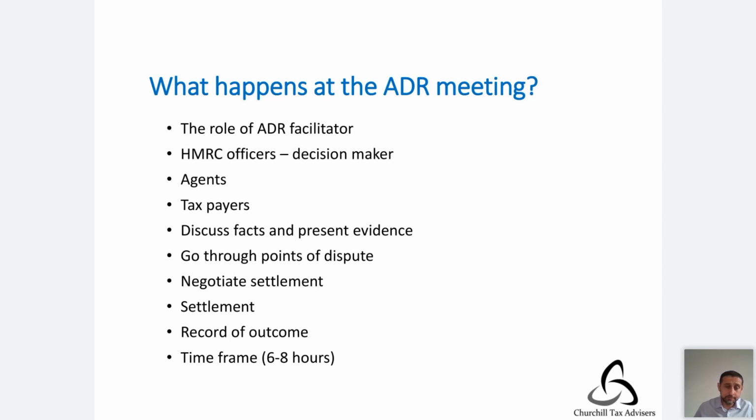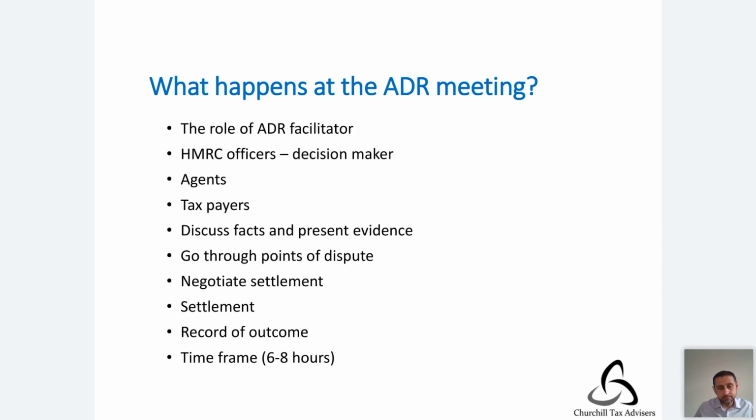Once you've gone through the process, gone through the facts, and negotiated the best amount of tax to pay, when you've reached the settlement point, you look at preparing a document called a record of outcome, or it used to be called an exit agreement at one stage.